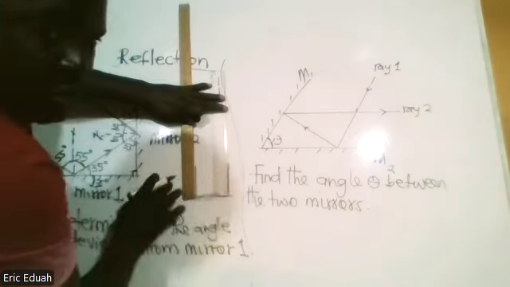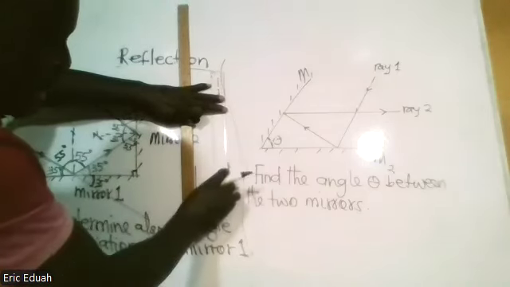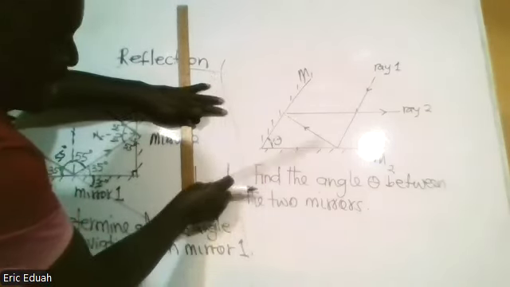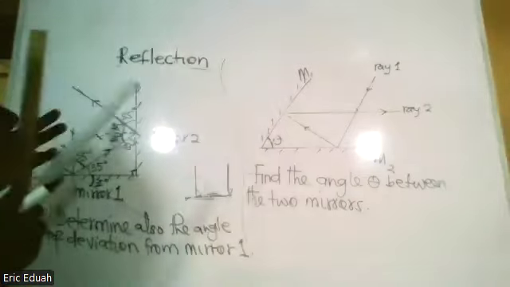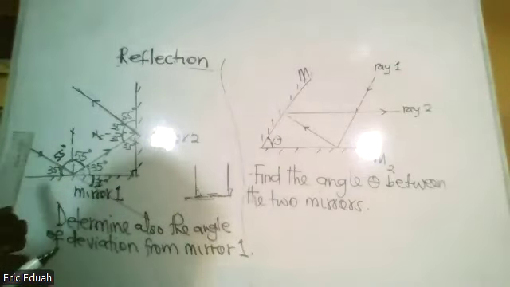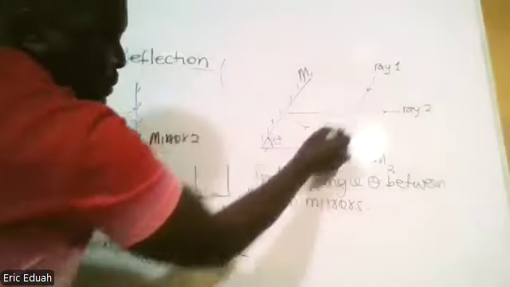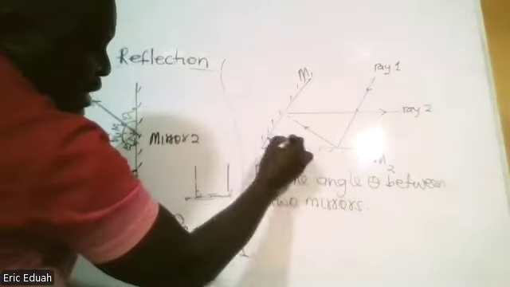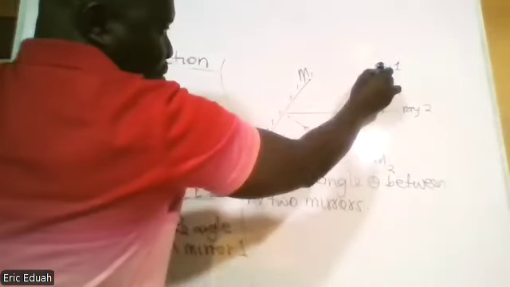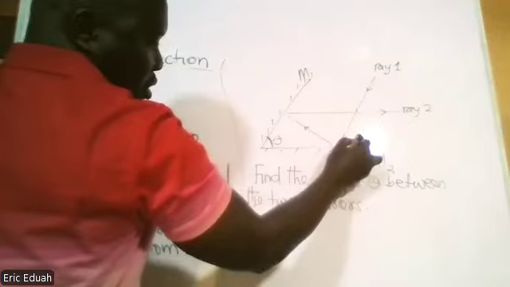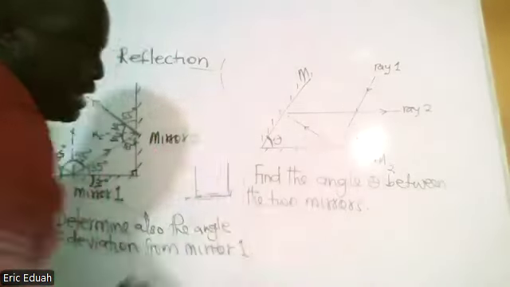So when 2 lines are parallel, they have the same slope or gradient. So if M1 is parallel to ray 1, then the angle between M1 and this mirror must be the same as the angle between ray 1 and the mirror. So if this is theta, this must also be theta.